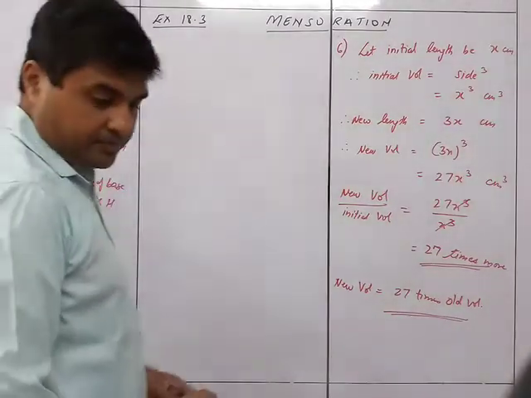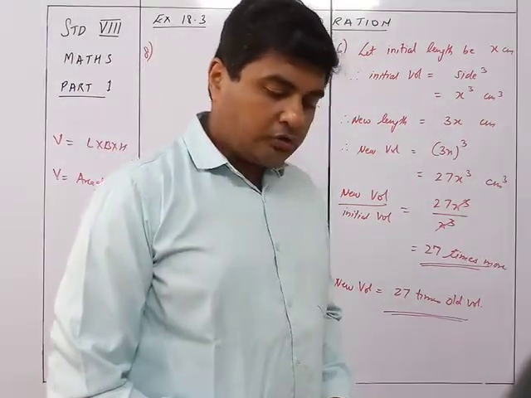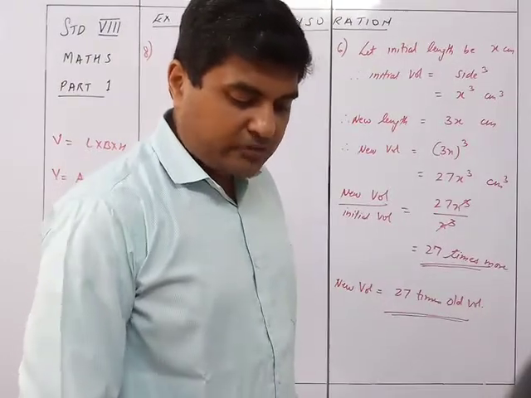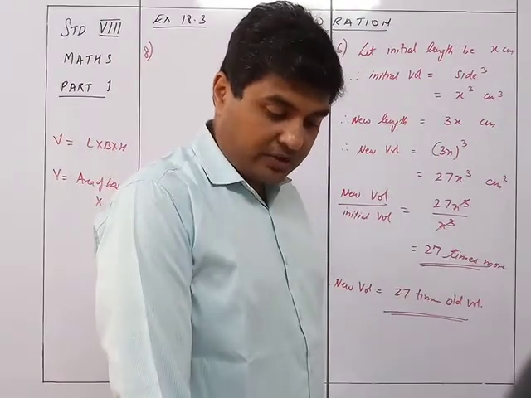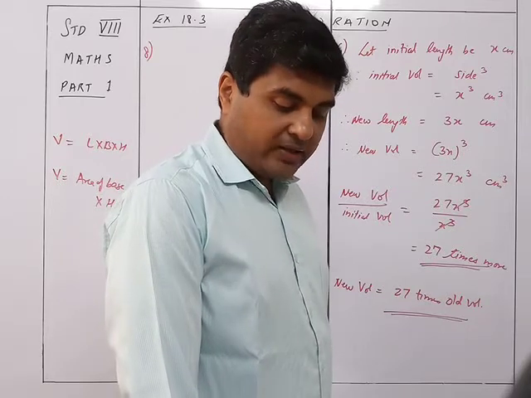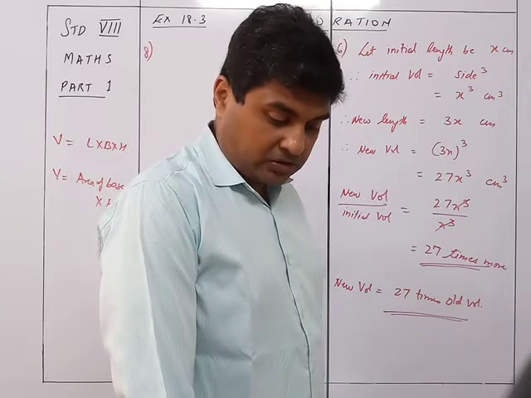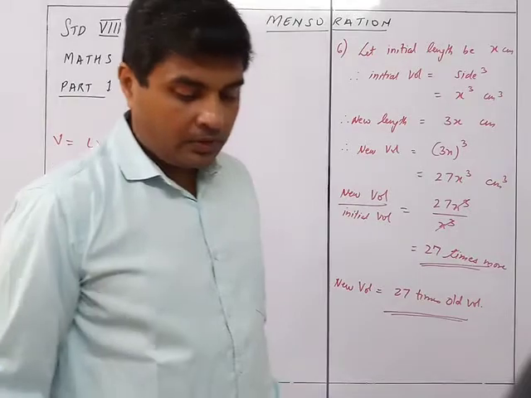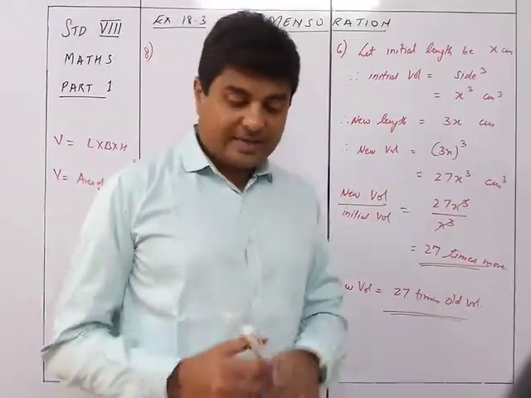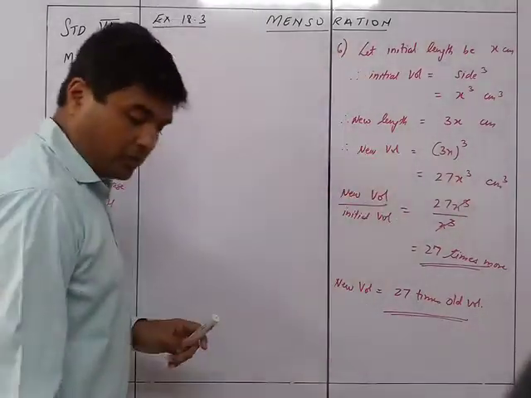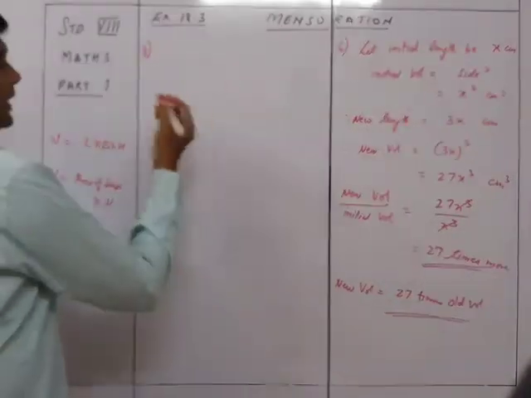Sum number 8. A closed box is made up of 2 cm thick wood with internal dimensions 84, 75, 64. Find the volume of the wood required to make the box. Fine. So let's understand this question properly. A closed box.